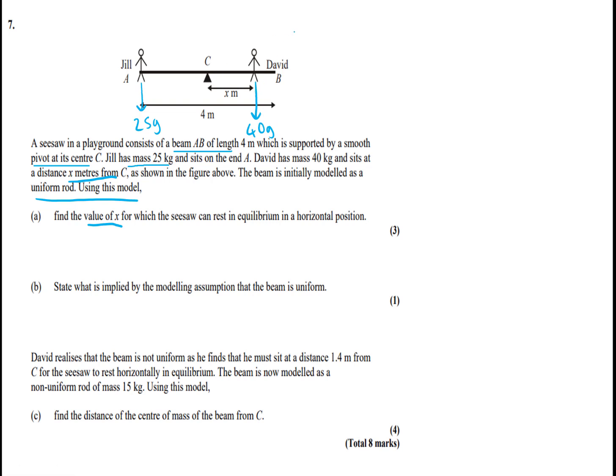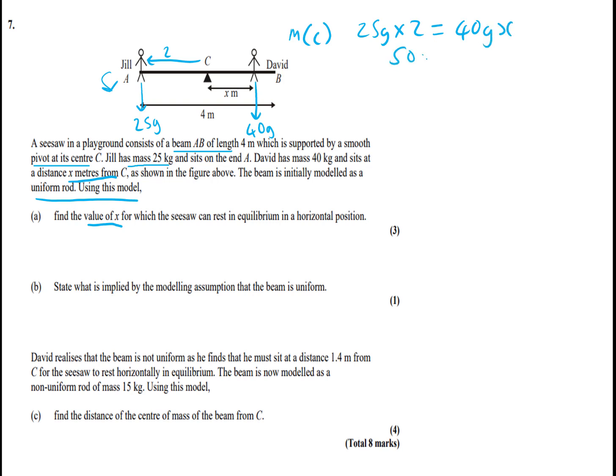So we take moments about C. So we're going to get this way, that's anti-clockwise. You can get 25g times 2, because we know that's at the centre, so that must be 2. And that's going to equal 40g times x.